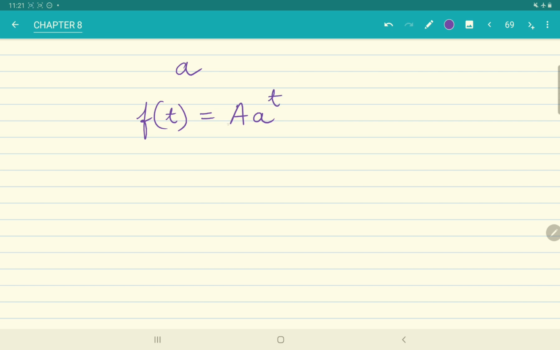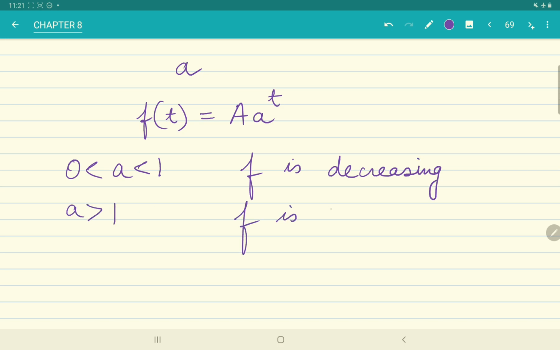Little a and capital A are positive constants. Here we know that if 0 is less than a less than 1, then f is decreasing. But if a is greater than 1, then f is increasing.